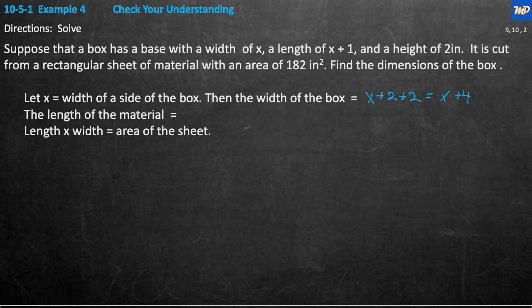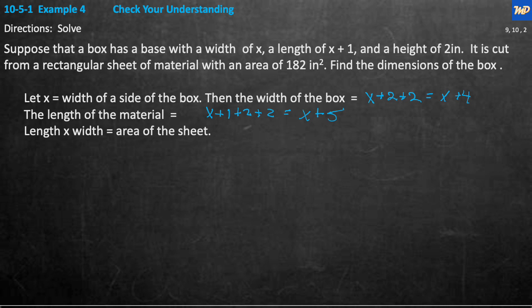And the length of the box is x plus 1, so x plus 1 plus 2 plus 2, just like the width. That equals x plus 5. So those are our two terms.